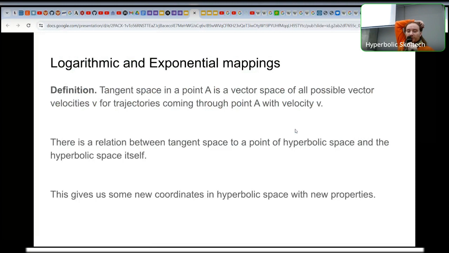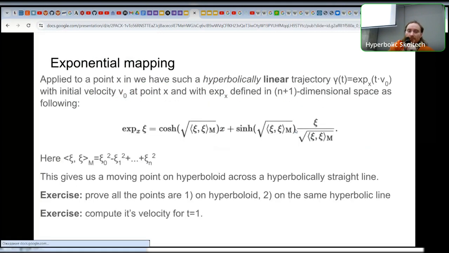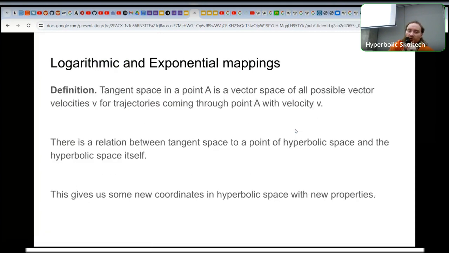And there is a relation between the tangent space at a point and the hyperbolic space itself, since they are topologically equivalent. This will give us some new coordinates in hyperbolic space with new properties, since a vector space is Euclidean and hyperbolic space is hyperbolic.